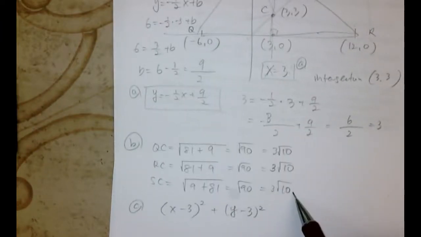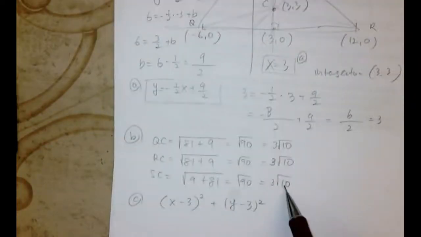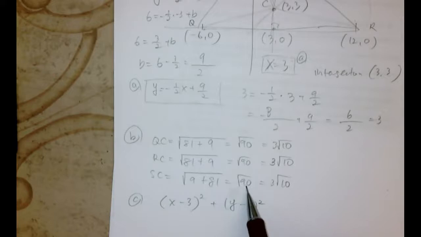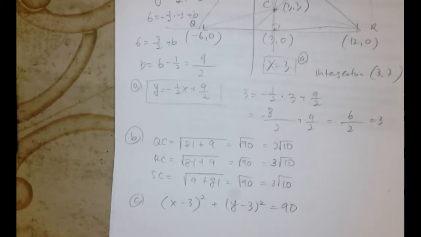And the radius is this, because we already calculated the distance. This should be the radius, right? This is also radius. This is also radius. So the square of this is 90, because this is the radius, 9 times 10 is 90. So this is the equation. Okay.